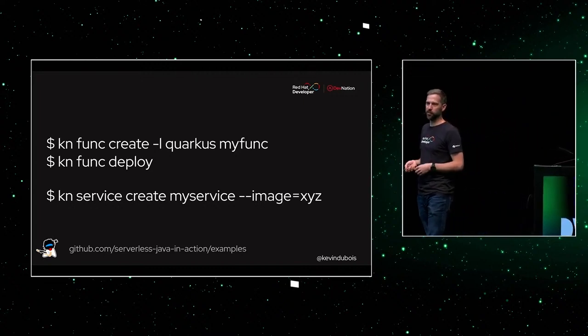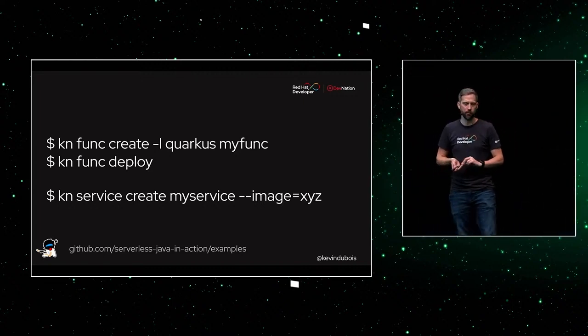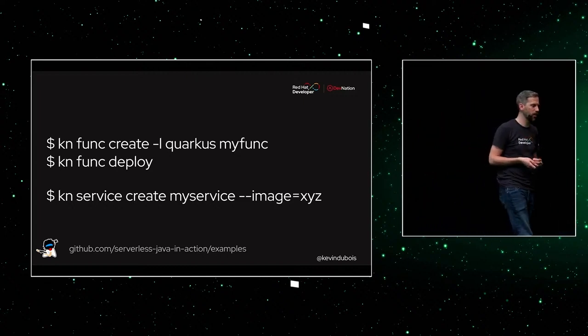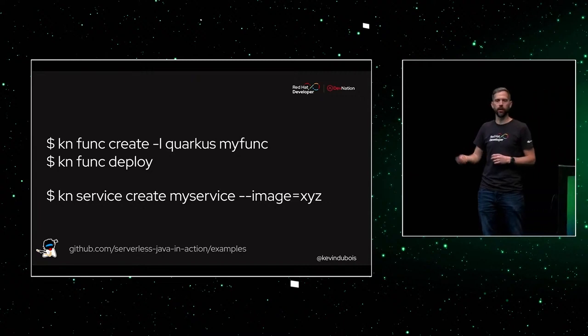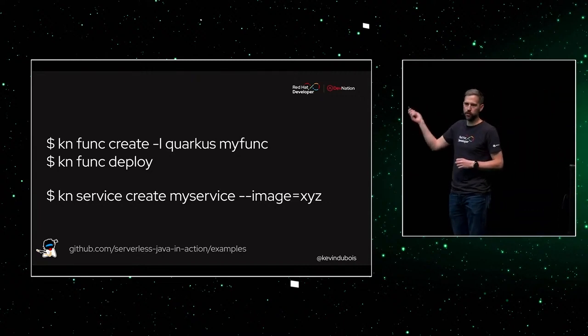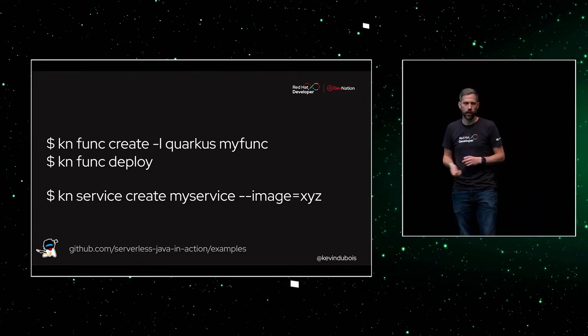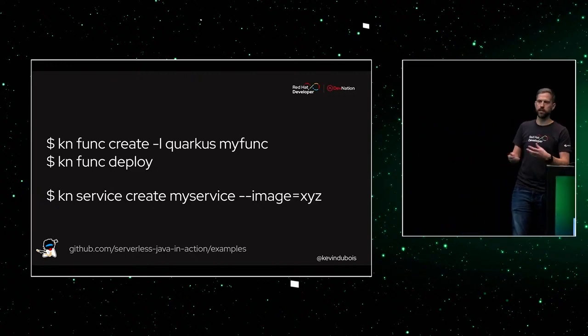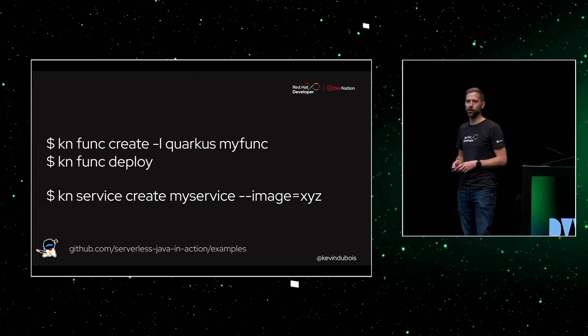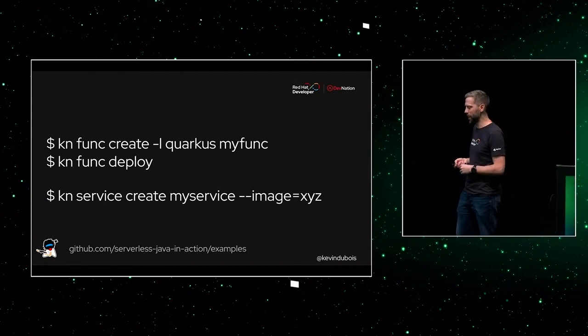So here are some examples of how you could create functions with Knative. You have kn func create, and then you can supply which language you want to use. In this case, I use Quarkus, but it could be Node.js, Go, or Python. Then it's going to scaffold some code, and you usually know what to do from there, right? You know how to create applications.